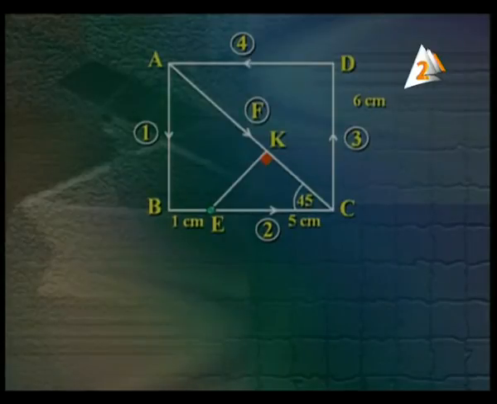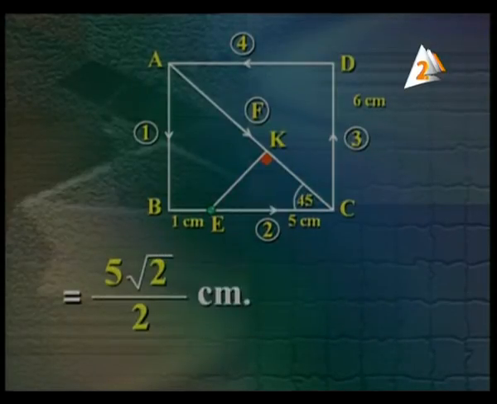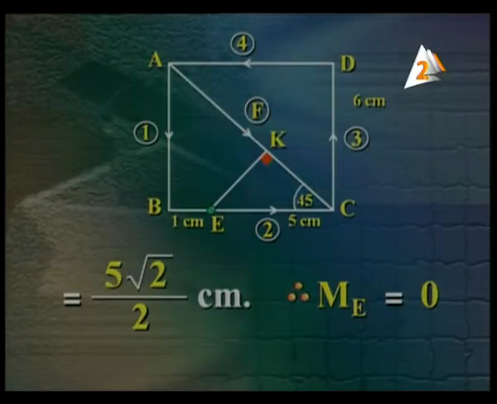Now, to find the line of action of the resultant passing through the point E, we say that ME equals 0. Since the line of action of the resultant passes through the point E, ME equals 0, or the moment about the point E equals 0. And we can substitute in it.